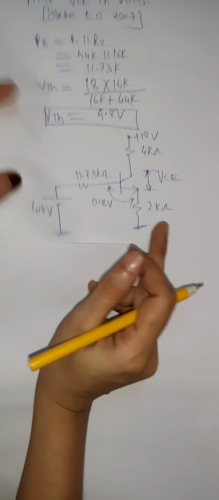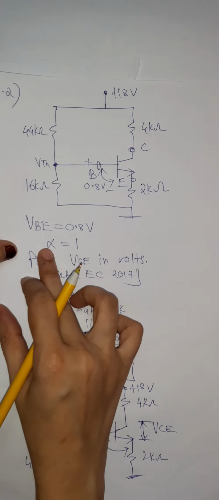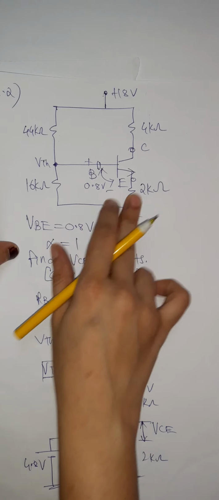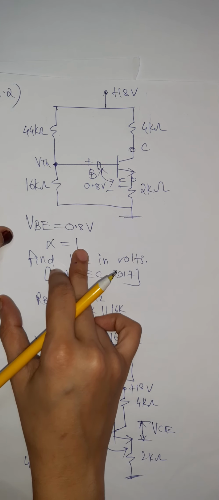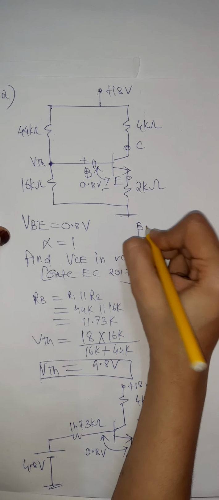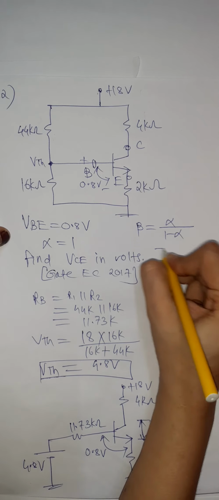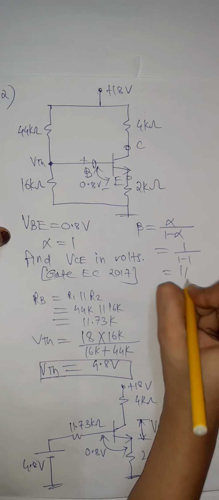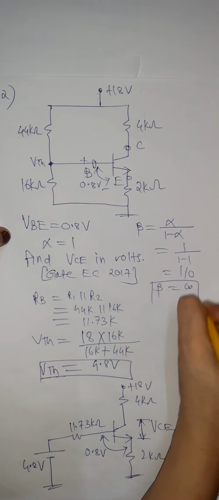And here one more important information is given, alpha is equal to 1. And for common emitter amplifier, we need beta. So to find value of beta, beta is equal to alpha upon 1 minus alpha. 1 upon 1 minus 1, that is 1 by 0 is infinity. Beta is equal to infinity.